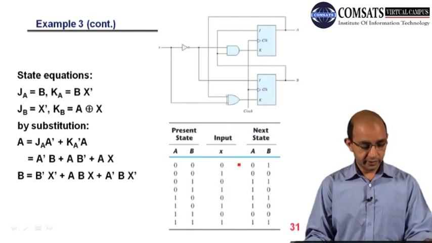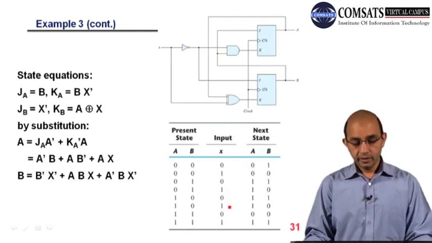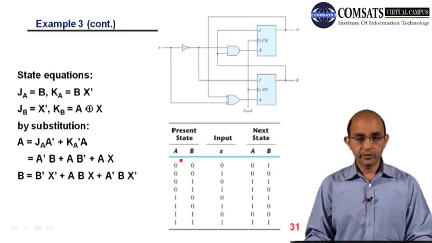After having those values, what can we do? We already have the information regarding the combinations, or the states. So here we have ABX. Next we will put those values in those equations, and then we will calculate the next state.